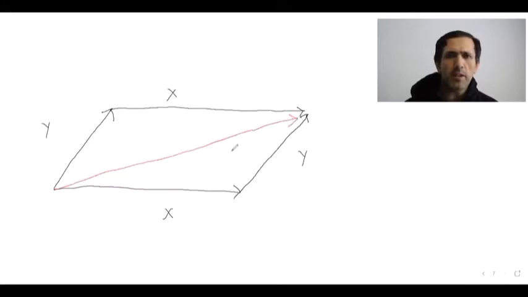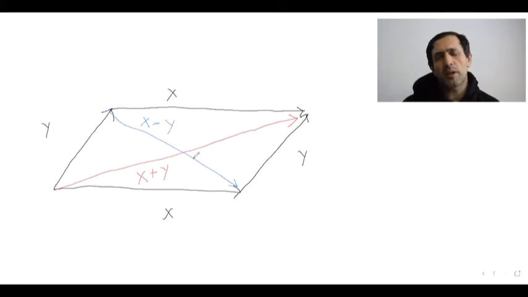Okay, if you take minus y, which will just be this vector here pointing down, and add it to x, you'll get, sorry, this is x plus y. I'll do it in blue here. This is going to be x minus y.